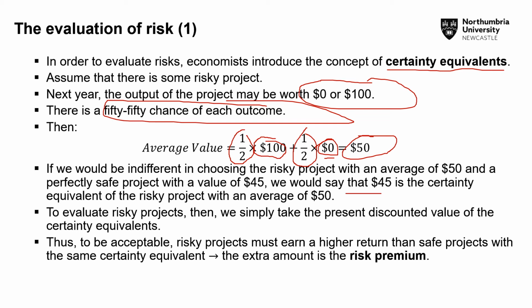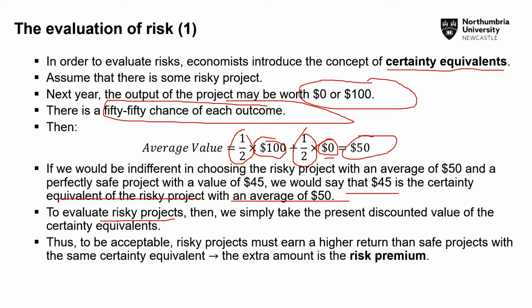So that $45, the safe project, is the certainty equivalent of a risky project which has an average value of $50. So when we are evaluating risky projects, what we do is we take the present discounted value of the certainty equivalent.